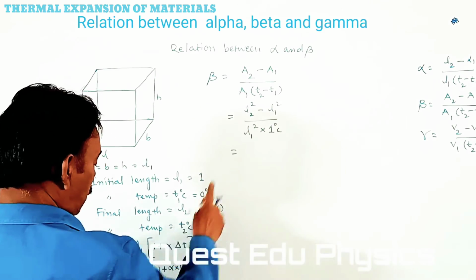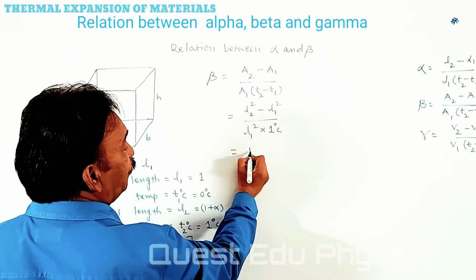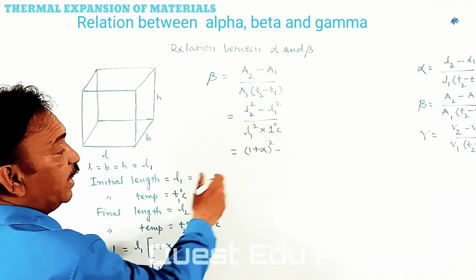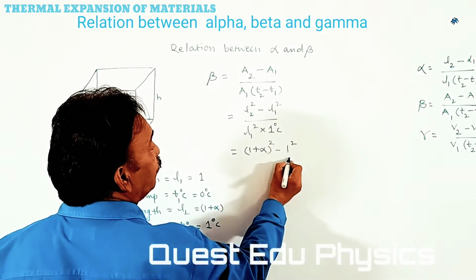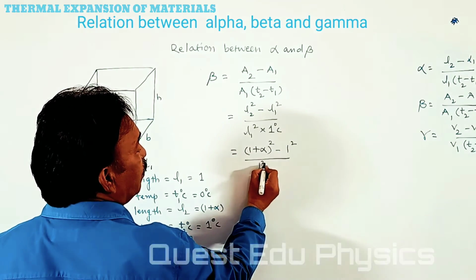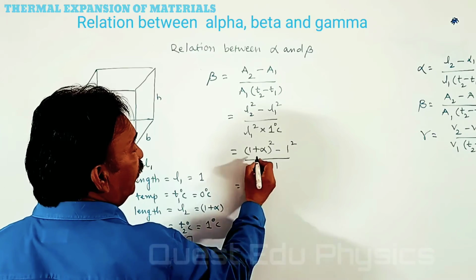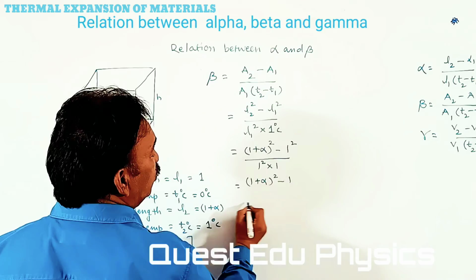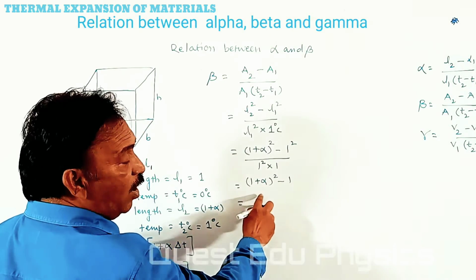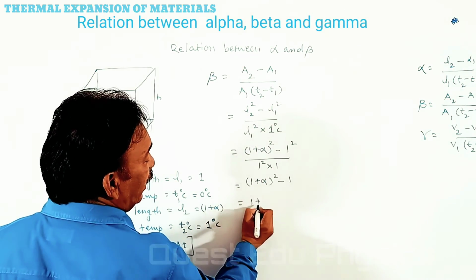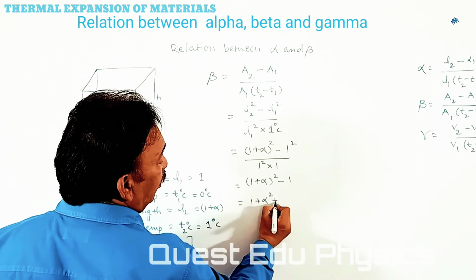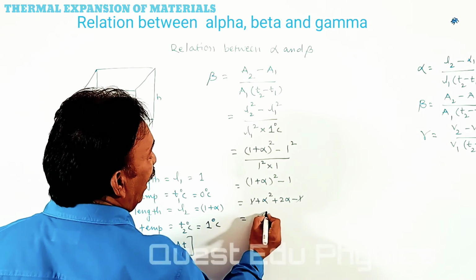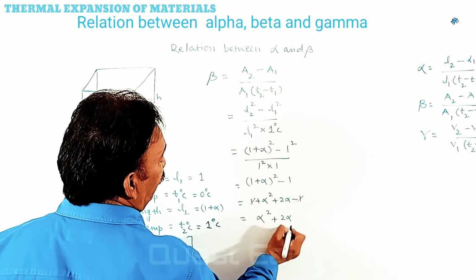L2 square. We had the L2 as 1 plus alpha whole square minus L1 square. 1 unit I said. It is 1 square by 1 square into 1. What we get? 1 plus alpha whole square minus 1, students. It is in the form of a plus b whole square. 1 plus alpha square plus 2 alpha minus 1, here 1 gets cancelled. And we had alpha square plus 2 alpha.